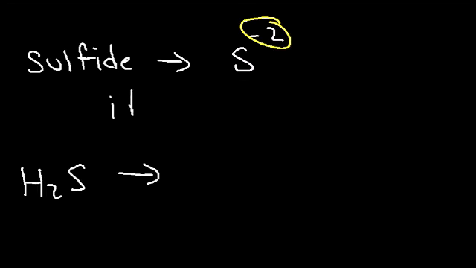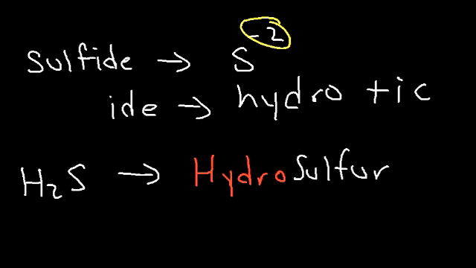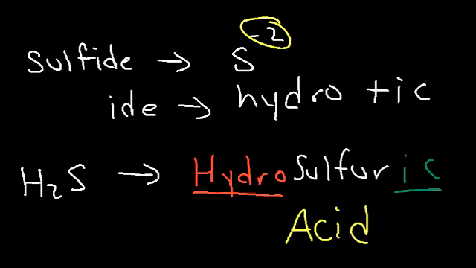So we said ide becomes hydro plus ic. It turns out that the name of H2S is hydrosulfuric acid. So here's the prefix hydro, here's the suffix ic, so hydrosulfuric acid.